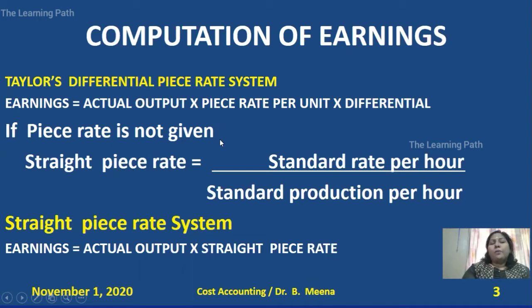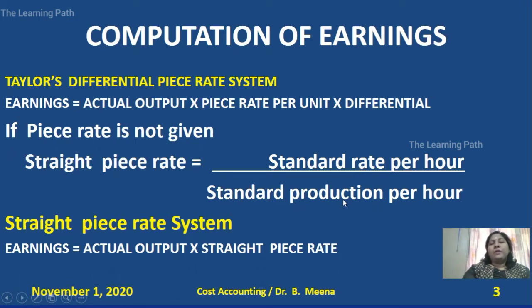When you are looking at the problem, if the piece rate is not given, you can make use of this formula to calculate the piece rate: standard rate per hour divided by standard production per hour. If the problem doesn't have the information about the straight piece rate, then you can apply this formula to calculate the piece rate.